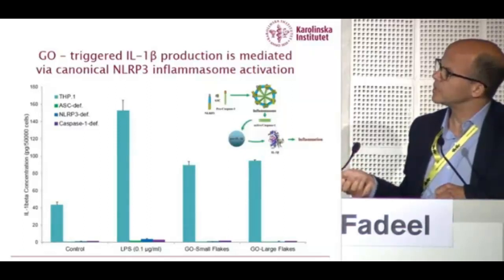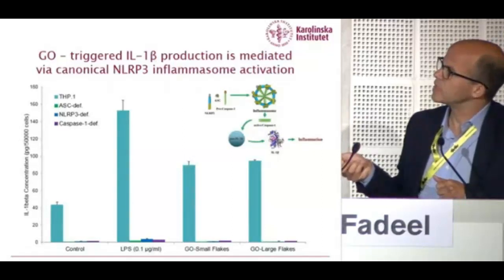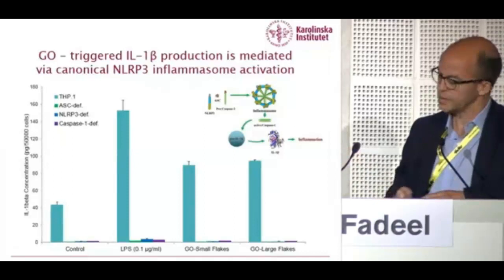But this is completely abrogated in cell lines that don't express ASC, which is one of the components of the inflammasome, or NALP3 itself, or caspase-1, which is, of course, the enzyme which cleaves pro-IL-1 beta to produce mature IL-1 beta. Again, in this cell model, we also see no difference between the small and large graphene oxide flakes.